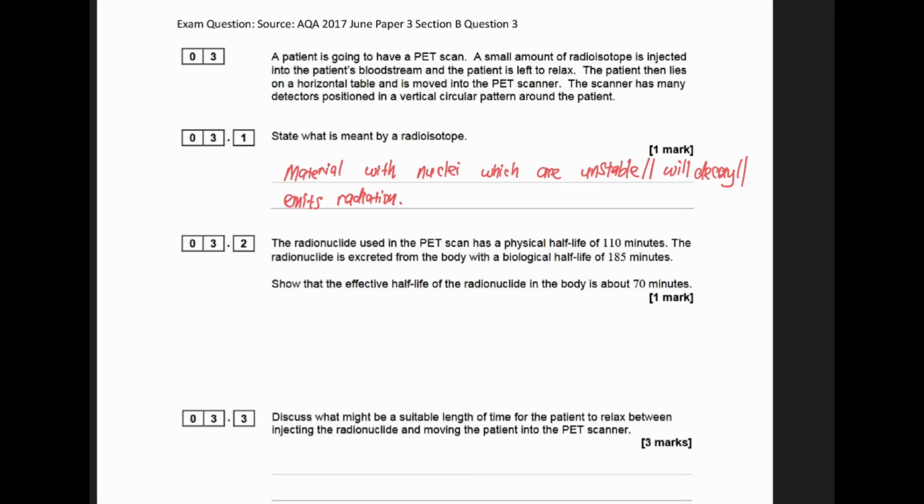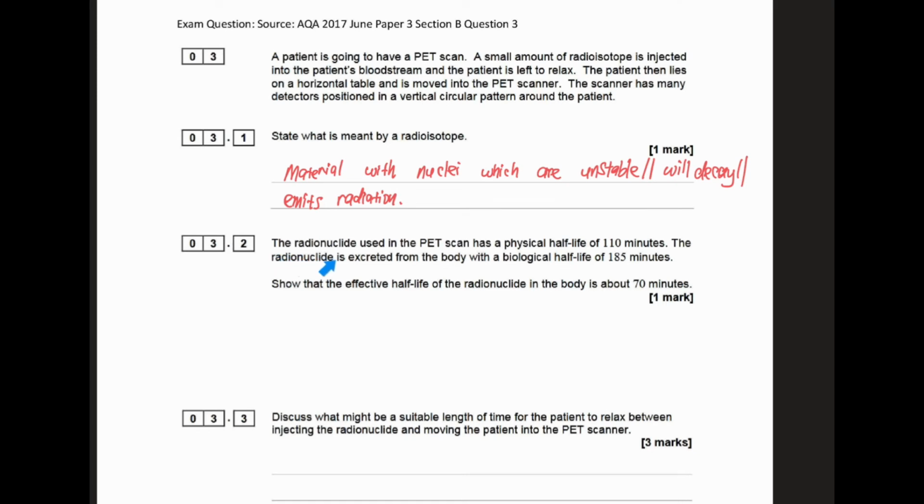Okay, so the second part, let's look at the question first. The radionuclide used in the PET scan has a physical half-life of 110 minutes. So 110 minutes, that means if you still remember, 110 minutes is the half-life for fluorine 18. Okay, fluorine 18 has the half-life of 110 minutes.